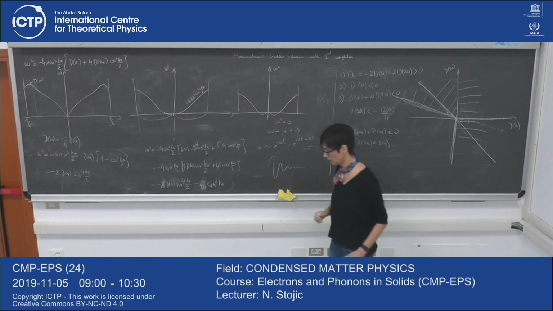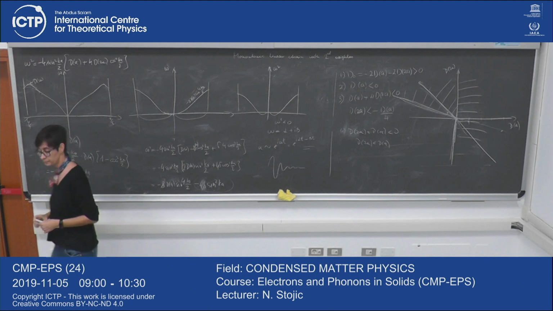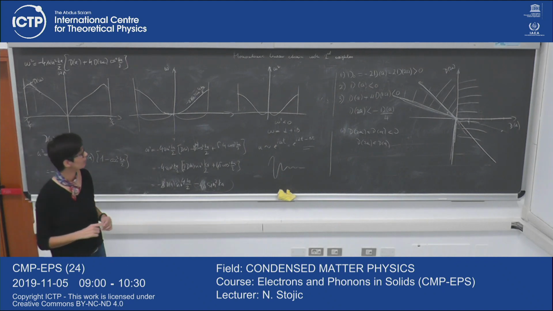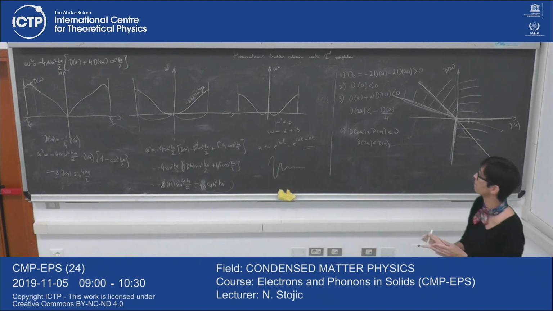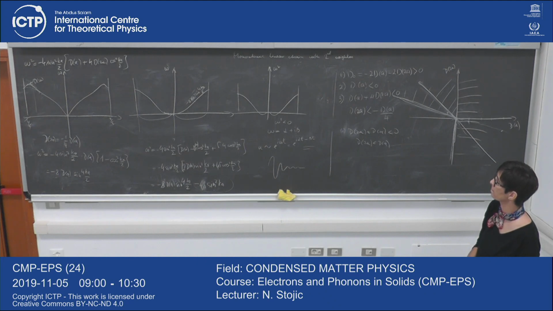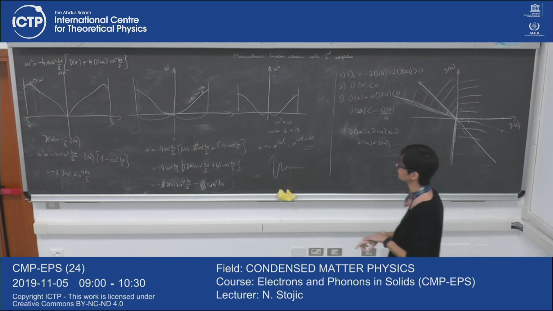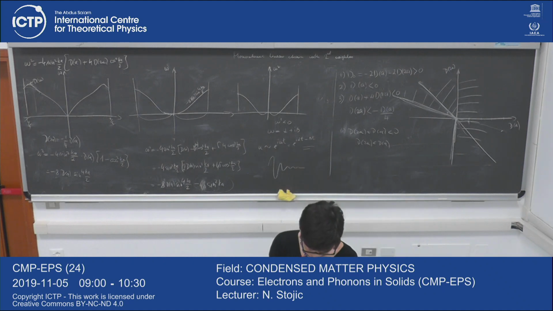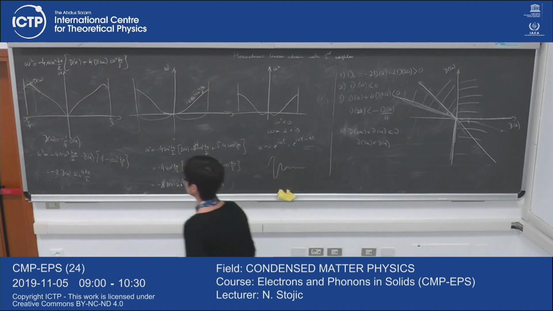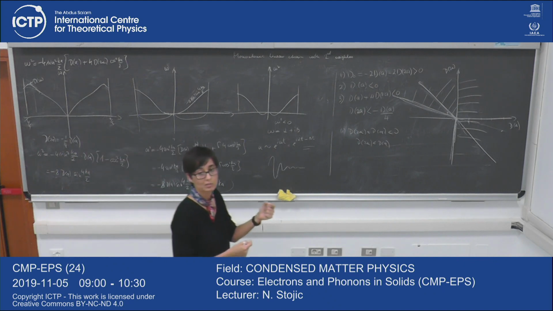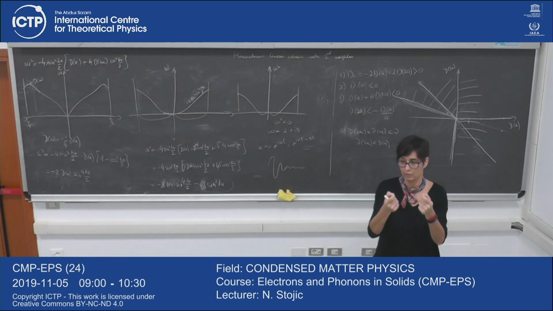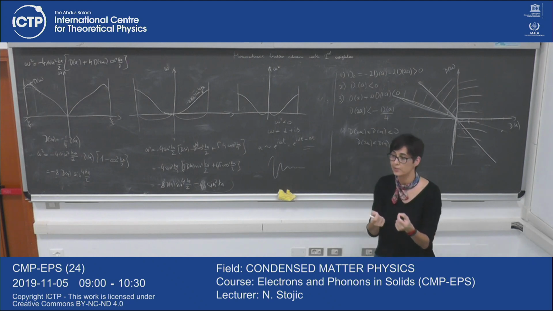But actually it can occur, and it happens that once you displace the atoms from the equilibrium position, the restoring force is not able to bring them back because they form a dipole moment.